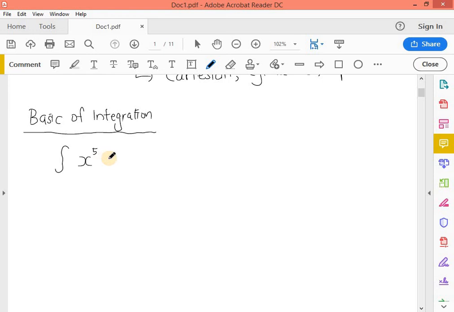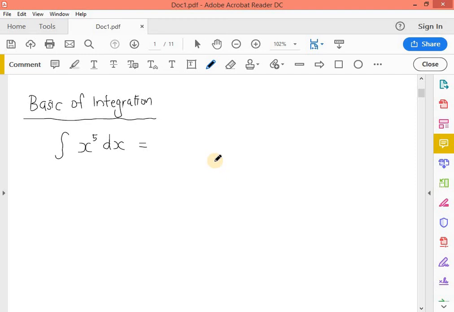We go to the most basic one. How to perform these integrations? Yes, x^6 over 6 means the 5 you plus 1 and the 6 you divide by. Okay, this is the most basic one.